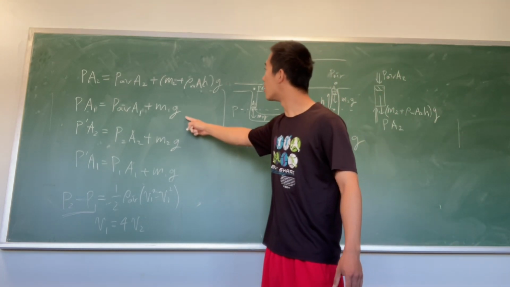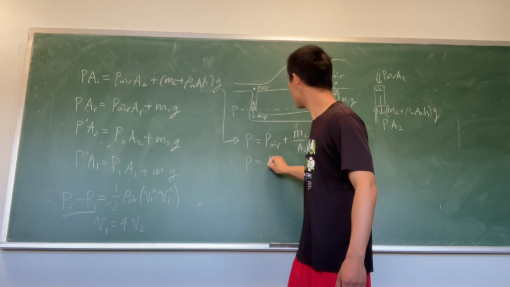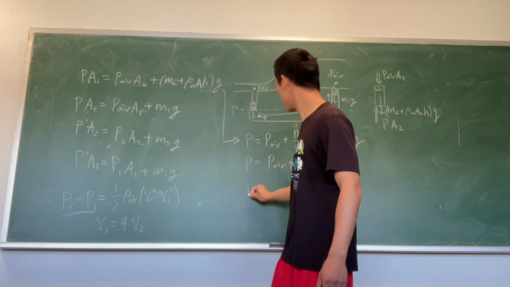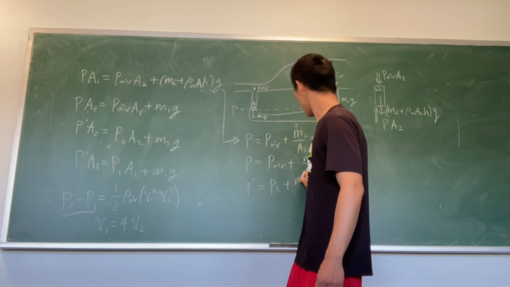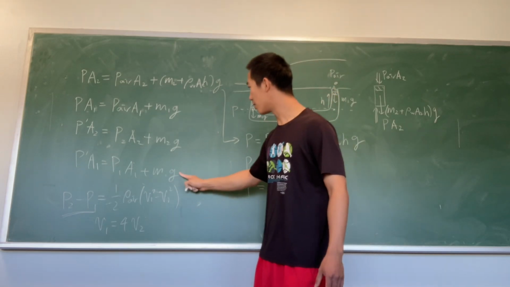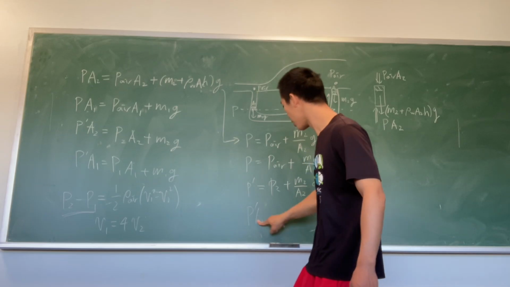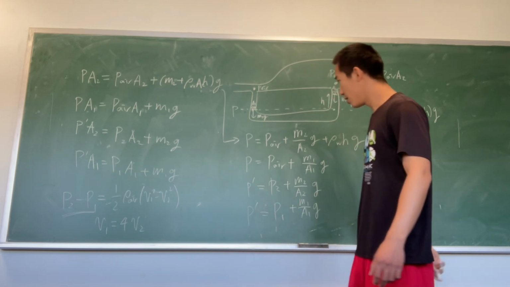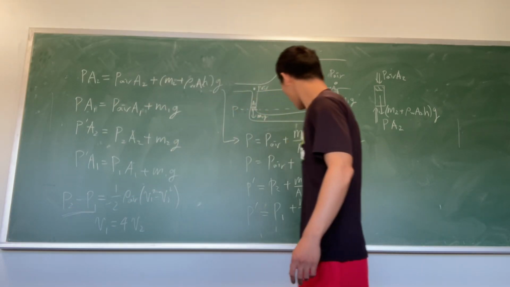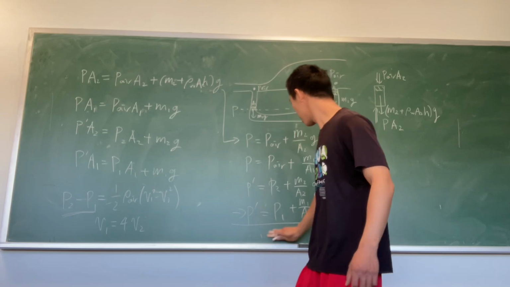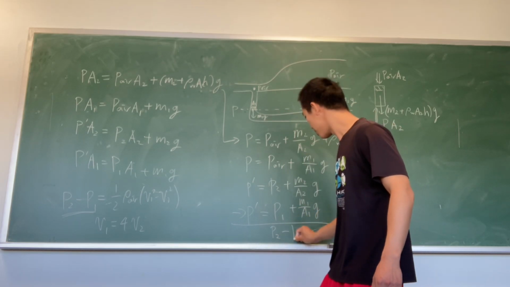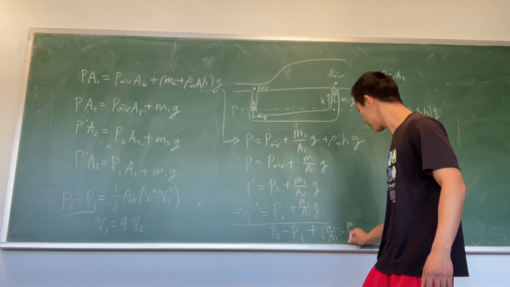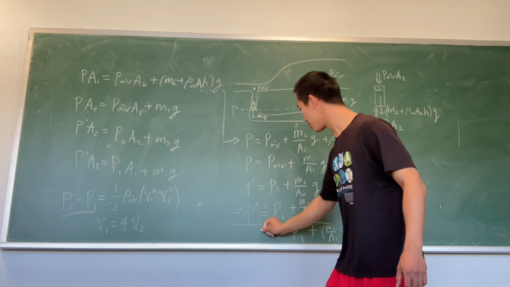And here I have pressure equals P air plus M1 over A1 G. Here I have P prime equals P2 plus M2 over A2 G. And from here I have P prime equals P1 plus M1 over A1 G. Now, to get P2 minus P1, I subtract these two to get P2 minus P1 plus these two terms subtracting each other equals P prime cancels P prime equals 0.